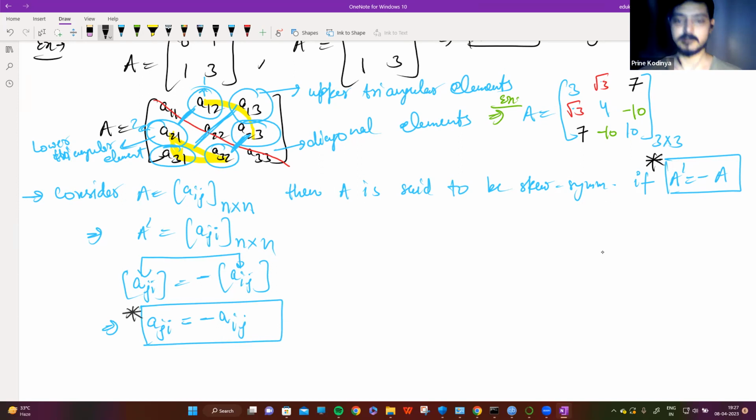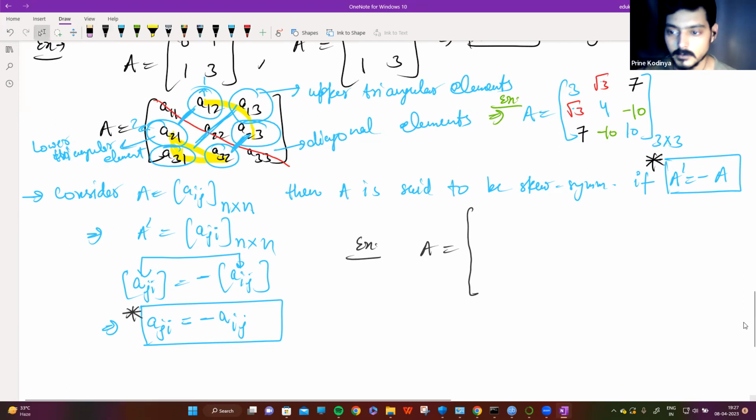For a skew symmetric matrix, now let's see one example. How does a skew symmetric matrix look? This has to be square. This property right here gives us something very interesting. Before writing the example for skew symmetric, I think I should do this. Let's go with the property.